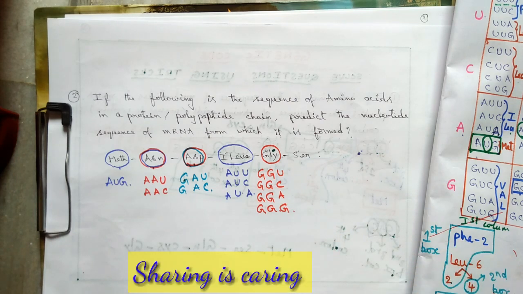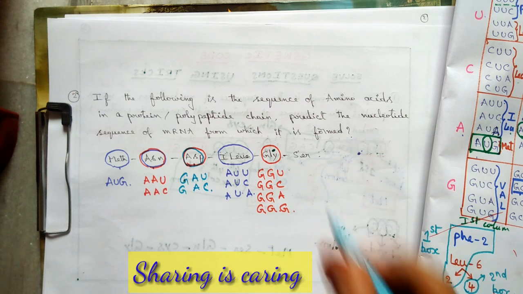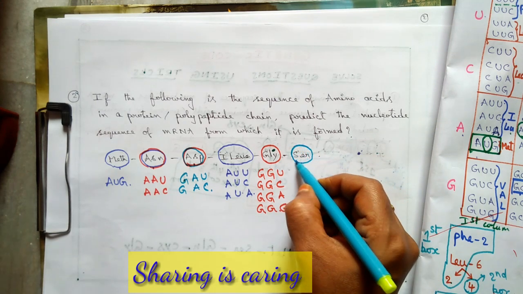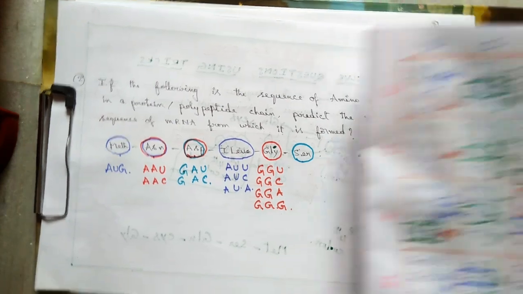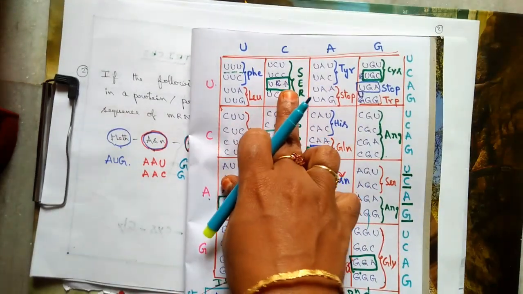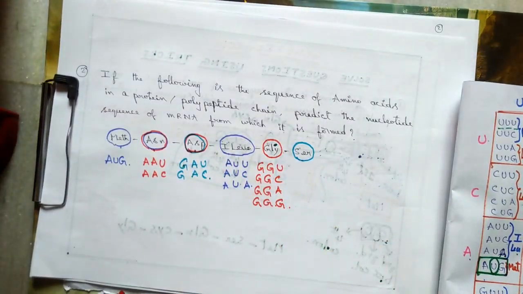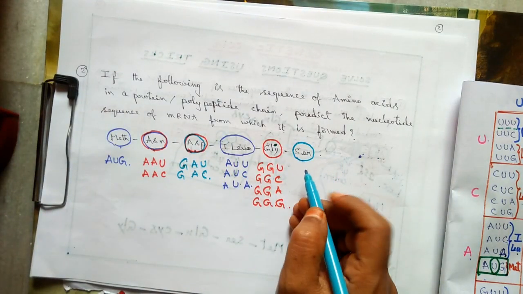Now coming to serine. Serine is coded by how many codons? 6 codons. So where is it present? See, second column, first box, all the 4 codons. First you write the nucleotide base for the second column.